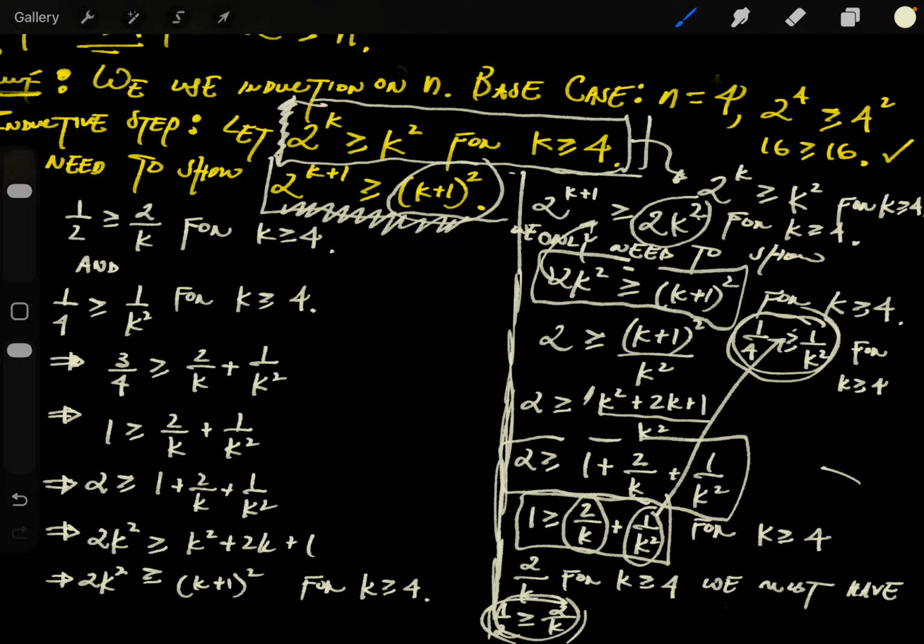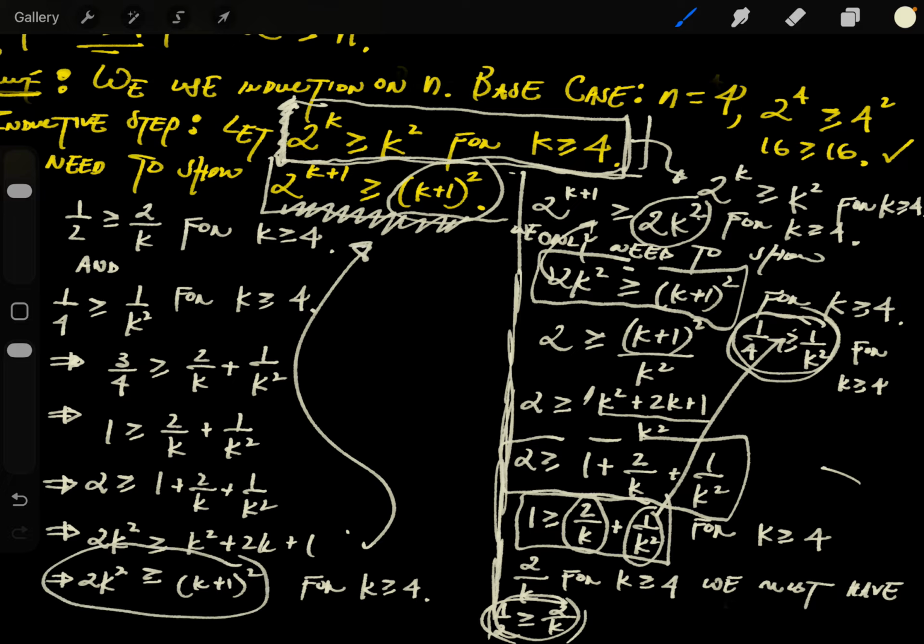So this, with the inductive step, we know this step is true, and then this one. Going up here, we started off with 2k is greater than or equal to k squared for k greater than or equal to 4. I multiply by 2 on both sides, and I get this.